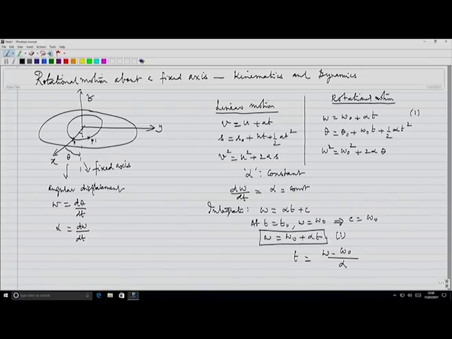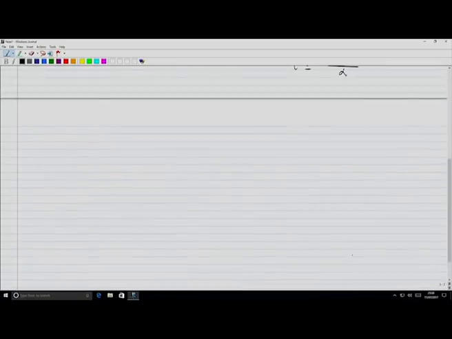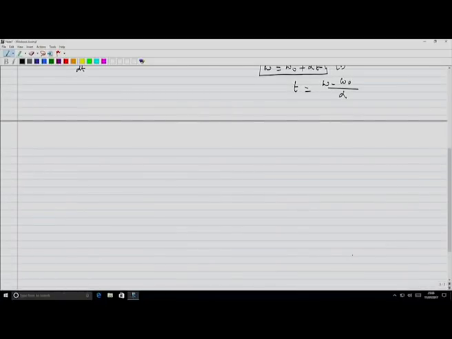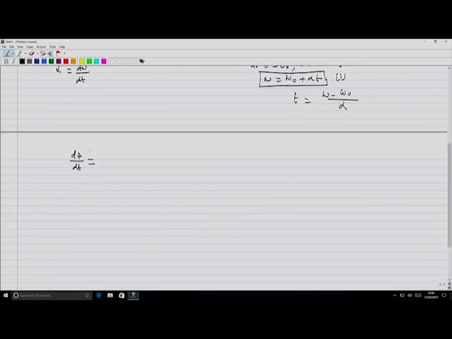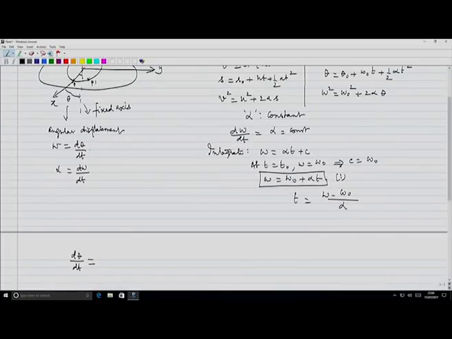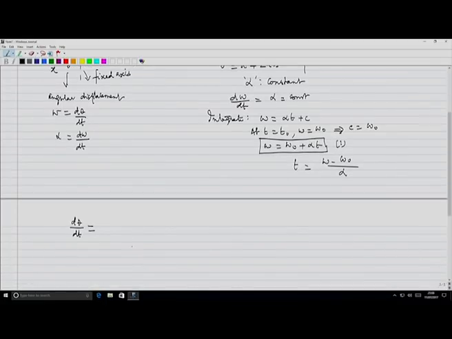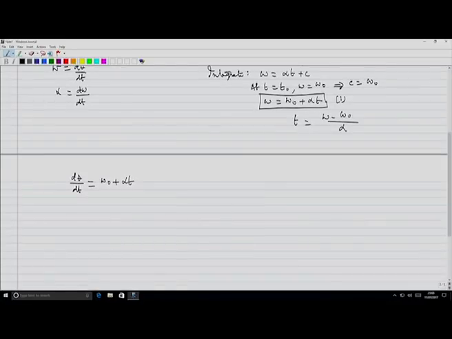Now what is d theta by dt? d theta by dt is equal to omega, which is omega naught plus alpha t. Then again I integrate.